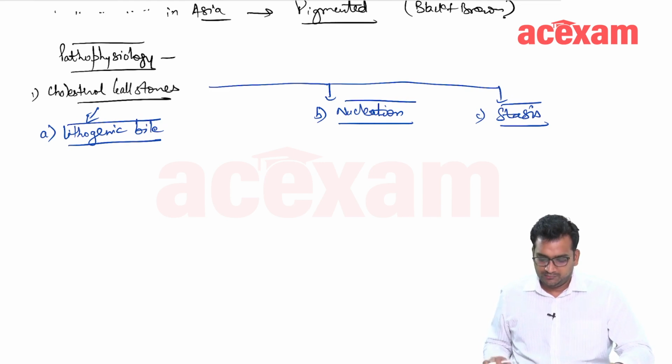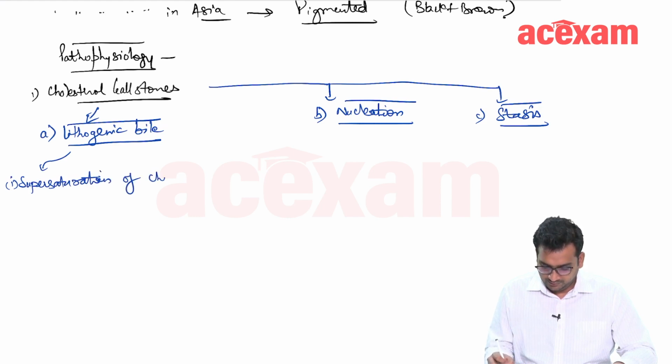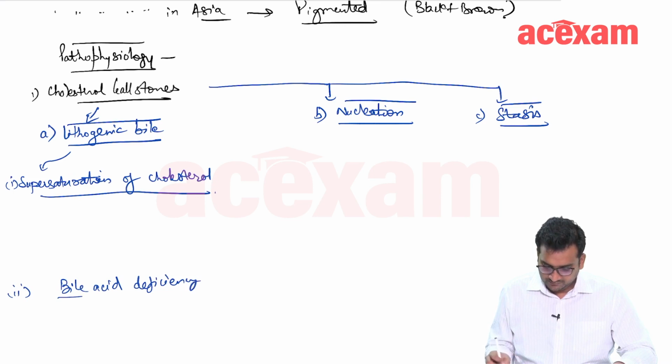Now, in lithogenic bile, I have already told you three components are important. First is supersaturation of cholesterol. Then second is bile acid deficiency. Third is lecithin deficiency.